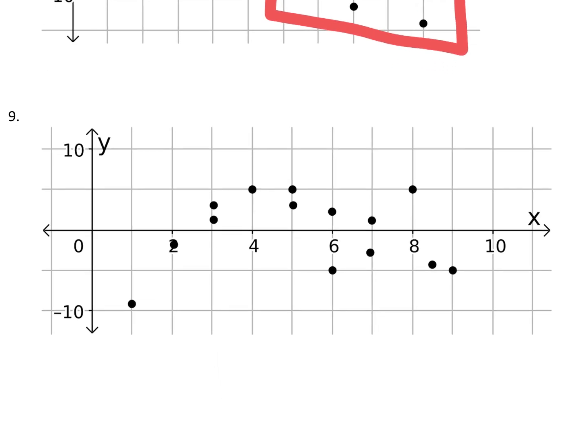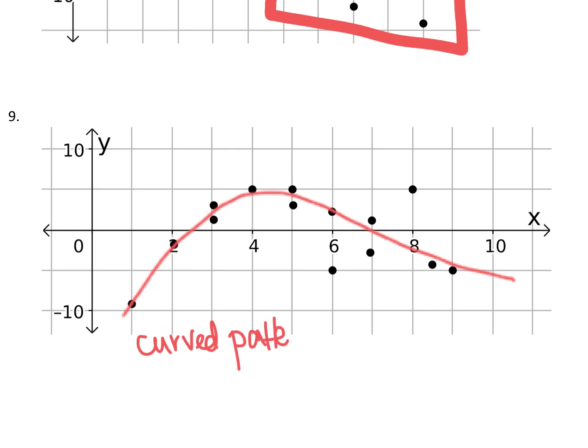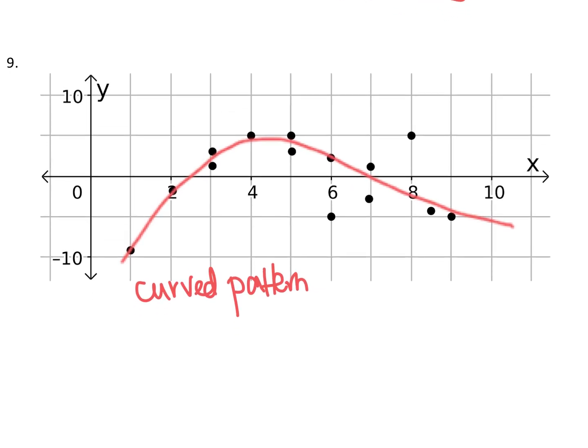So over here, we actually have a curved pattern going on. Do you see that? Kind of have a curved pattern going on. So this is not a good one for a linear model, probably. Rather than doing a linear model, maybe we would want to do a different one, right?